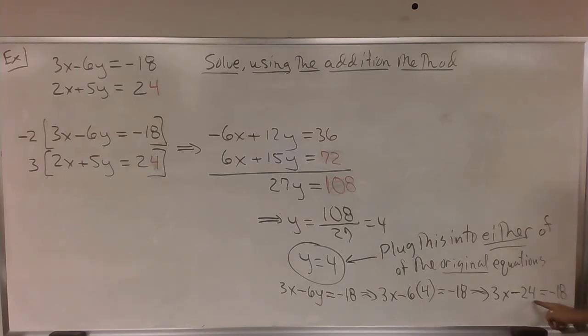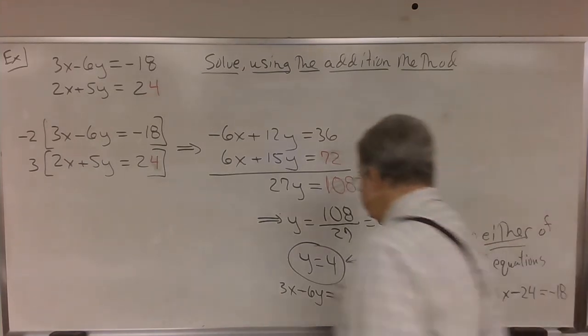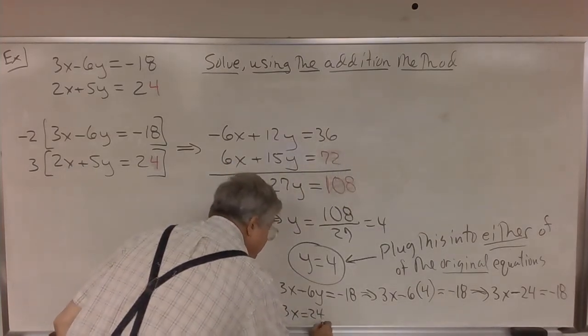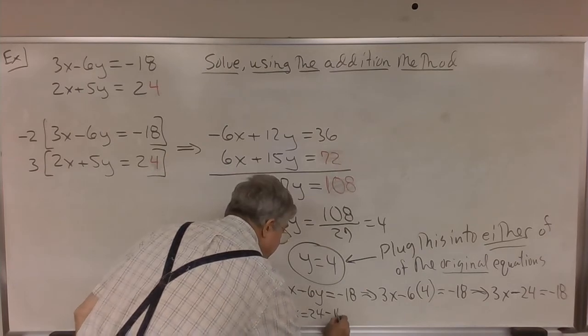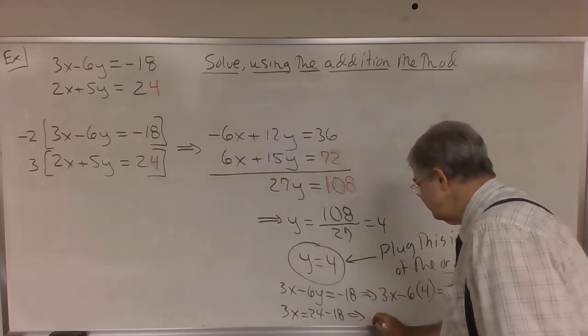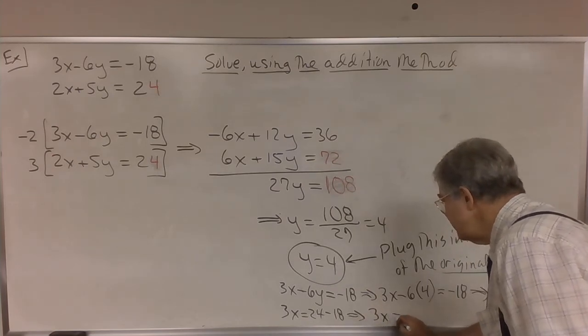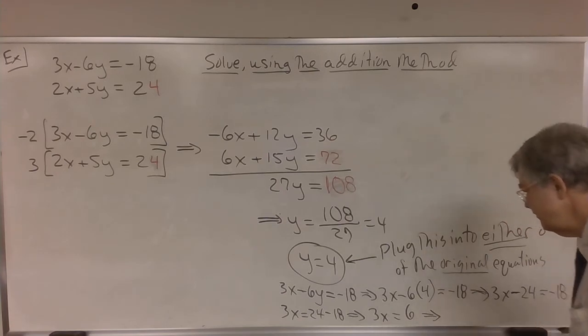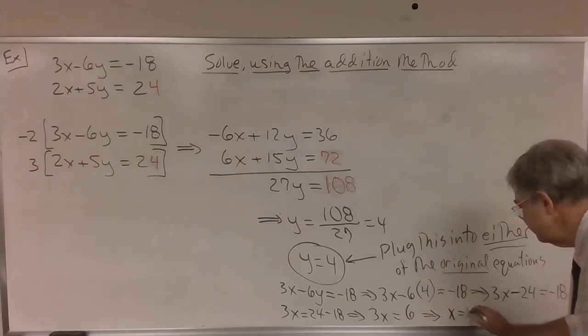And so I add 24 to both sides. So 3x equals 24 minus 18. And that means 3x equals 6. Divide by 3, x equals 2.